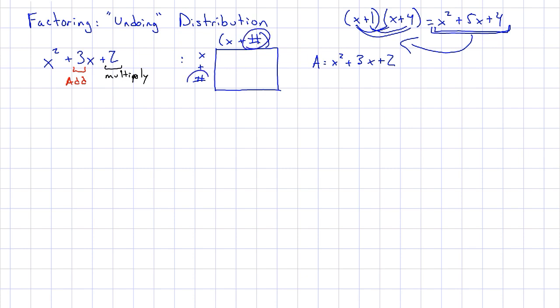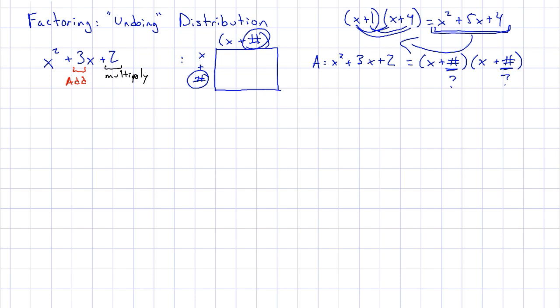What are these unknown quantities? What two things, when we multiply them together, equal x squared plus 3x plus 2? So I'm going to write just number symbols here to represent that we don't know what they are. They're questions for us. Now, it's possible that these numbers are negative, but for our first three examples here, we're going to work with positive numbers to just get the process down.